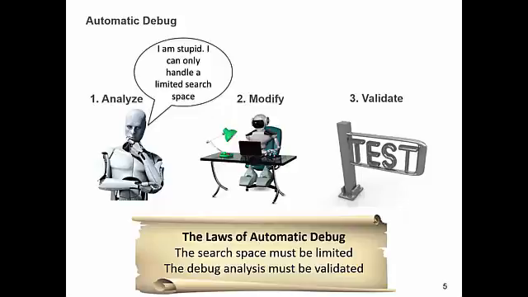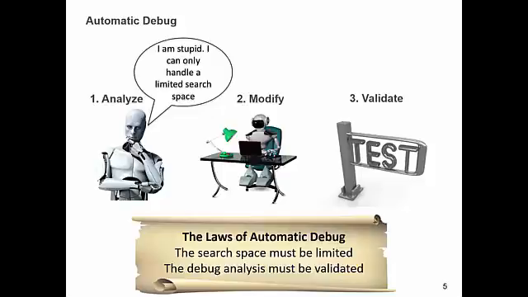And the second thing is that the debug analysis must be validated. That's not different from manual debug. That's exactly the same step as before. And I would say it's something which is true for anything you want to automate also. You must be certain that when you automate something that it is 100% robust.